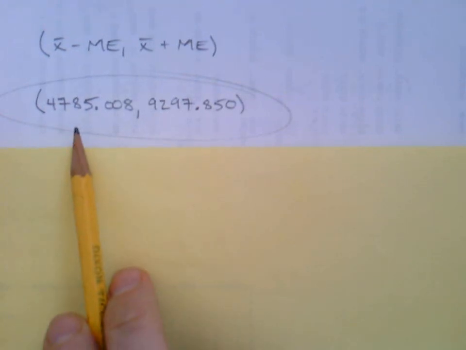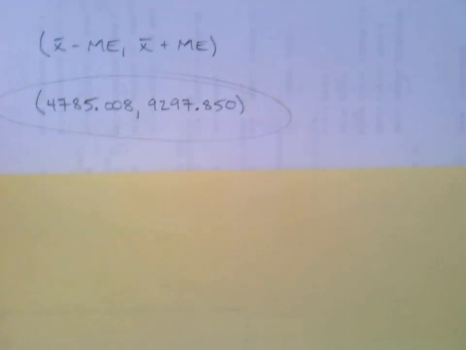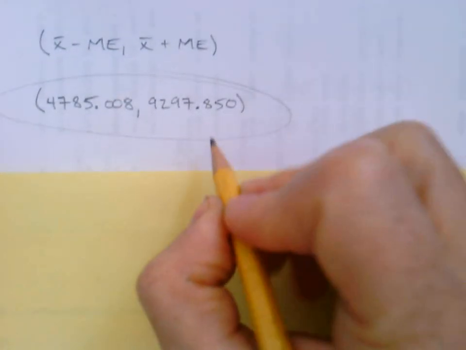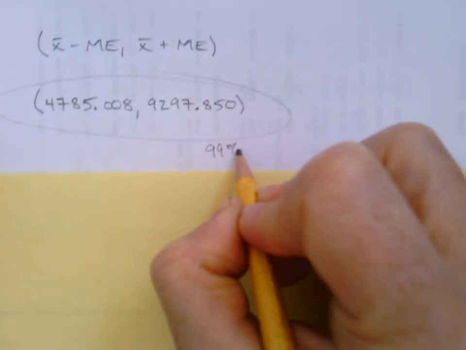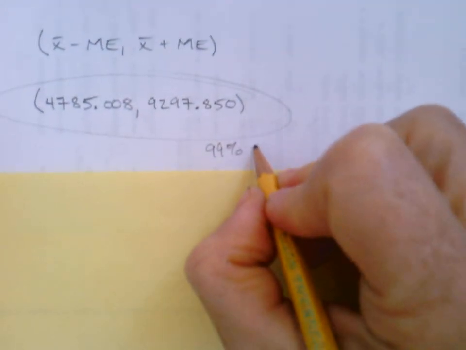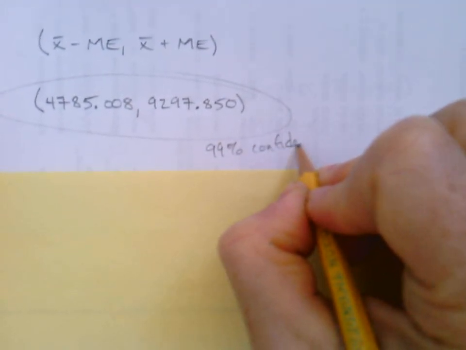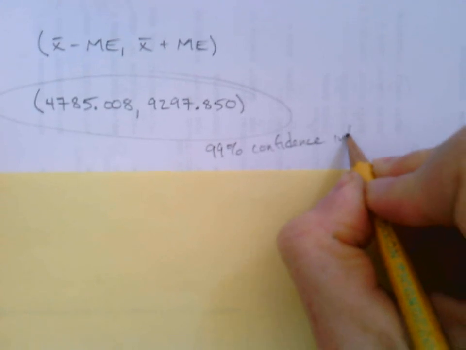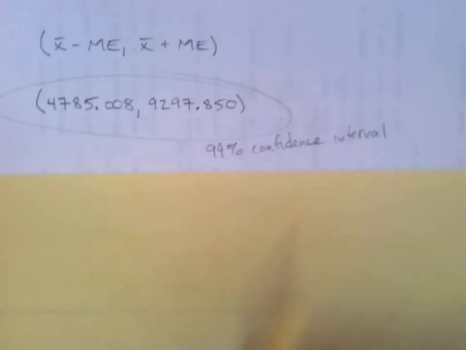The lower limit on my confidence interval, 4,785.008, and the upper limit on my confidence interval, 9,297.850, when you take it to 3 decimal places.